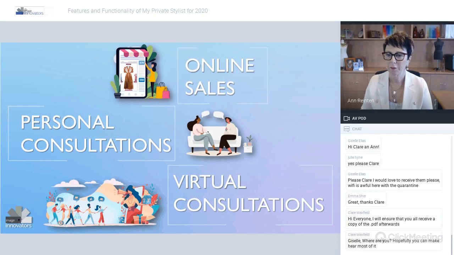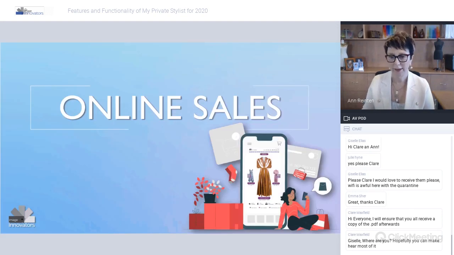All right. So, online sales. The first thing to understand about online sales is that sometimes people say to me, do I need a website? Well, you know what? No, because My Private Stylist is a website. Even if you didn't have a personal website or a business website yourself, you still have a website.